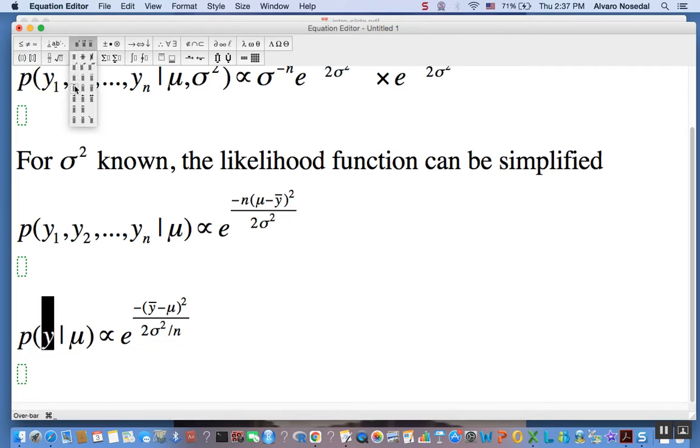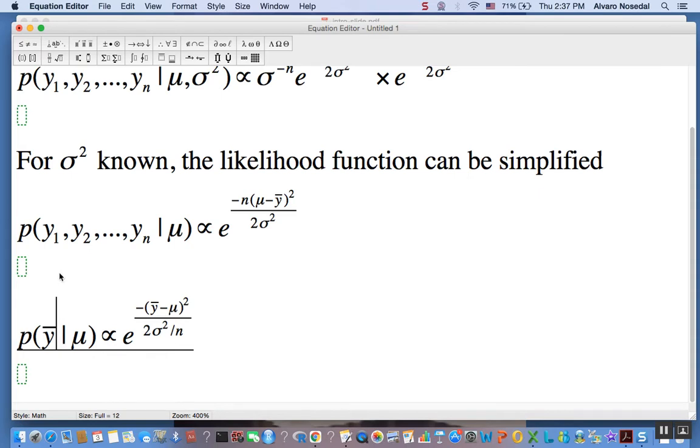We don't need to know the individual values. If we know what the sample mean is, it contains the same information as the entire sample. This will be useful for what we're going to do next to analyze that sample in a Bayesian manner. What we're saying is that the likelihood of the entire sample is equivalent to the likelihood of y bar.